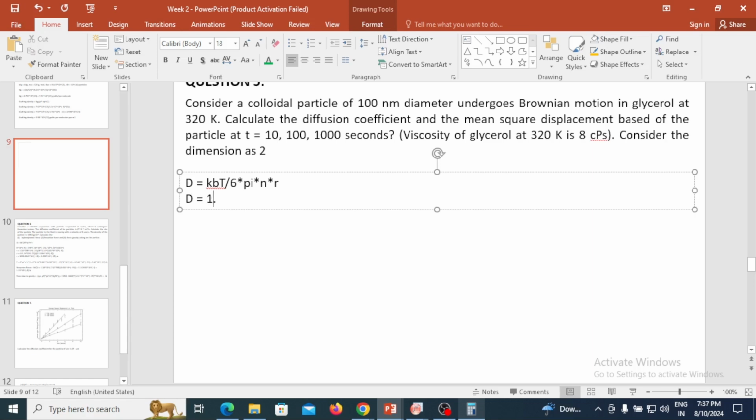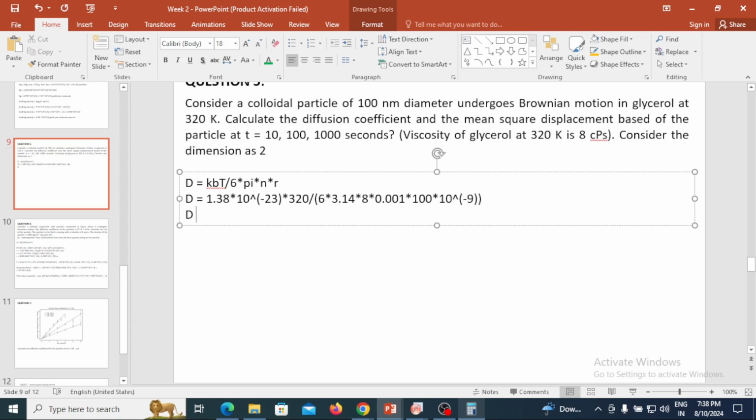Again, k_B is 1.38 times 10 to the power minus 23, times T, which is given as 320, divided by 6 times pi, 3.14, times eta, 8 centipoise, so 8 times 0.001, times r, which is 100 nanometers, so that is 100 times 10 to the power minus 9. 1 nanometer is 10 to the power minus 9 meters.